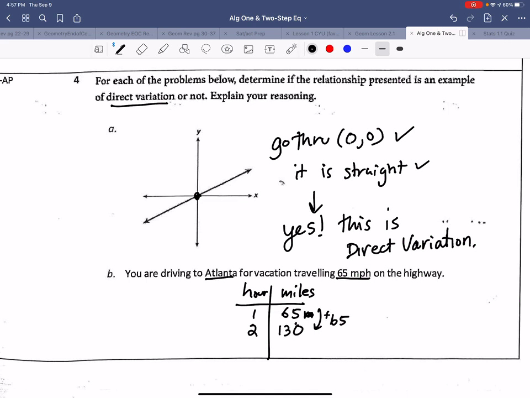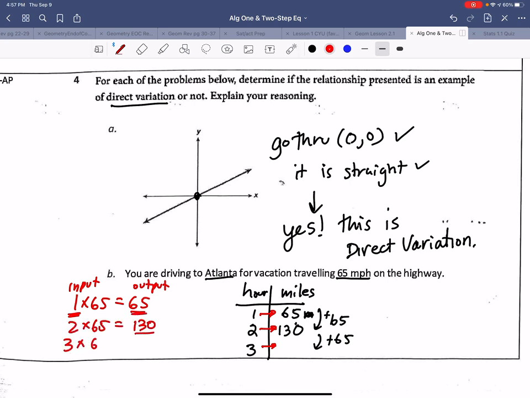So that'd be 130. And if I go 3 hours, that's just another 65 miles. So notice I have a multiplier here. All I'm doing is multiplying by 65. 1 times 65 is 65. This is my input. This is my output. 2 times 65. 3 times 65.